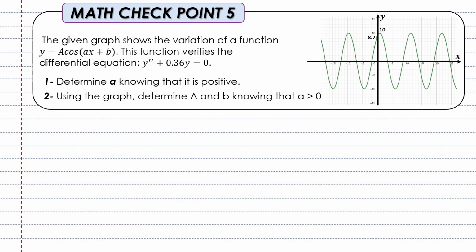Determine a, which appears in the function or in the equation. Then, using the graph, determine capital A, the amplitude, and b, which is the initial phase, knowing that A is positive, small a is positive. Now, try to think about this exercise and solve it. It is a general exercise about all the mathematical requisites that we need. Not only that, this is an excellent introduction to go into oscillations and start the physics behind oscillations without worrying about the mathematical part.